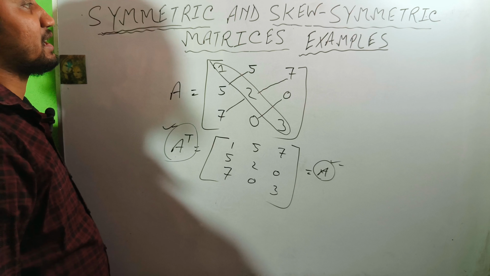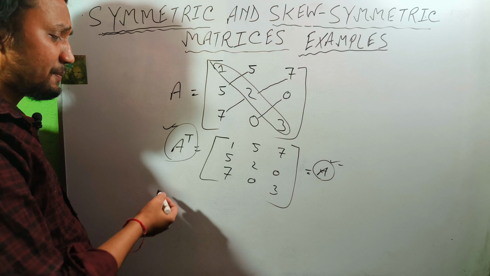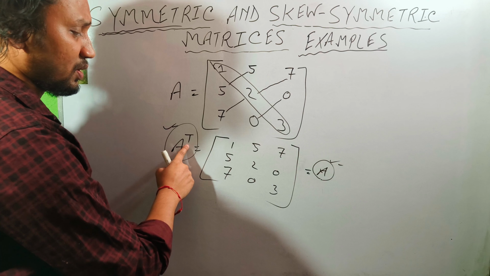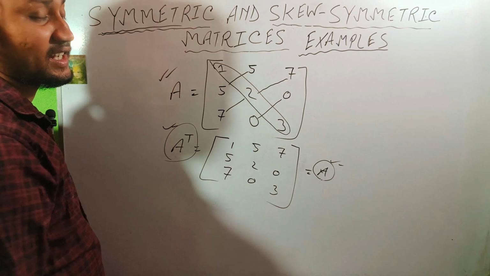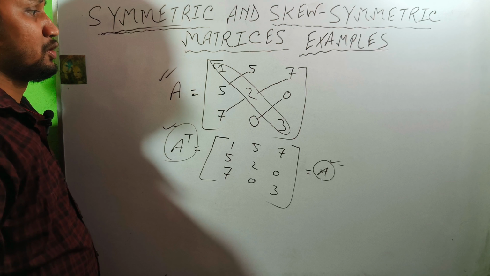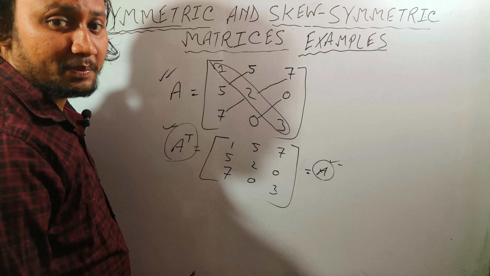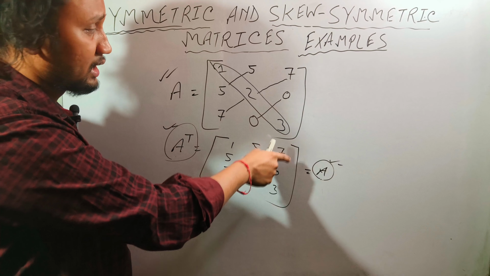As we have learned the definition of symmetric matrix, a square matrix is said to be symmetric if its transpose is equal to itself. Since the transpose of A is equal to A itself, therefore this matrix is an example of a symmetric matrix. So guys, if you are asked to give an example of a symmetric matrix, at first you have to take any elements along the principal diagonal.